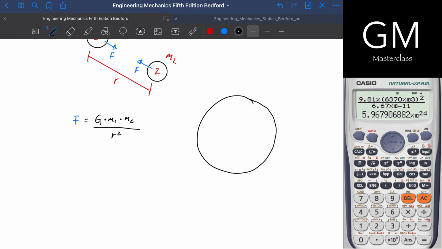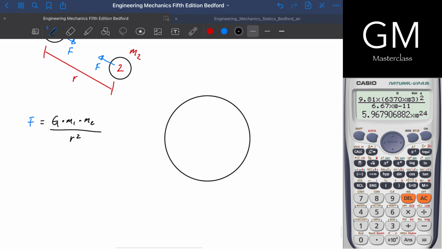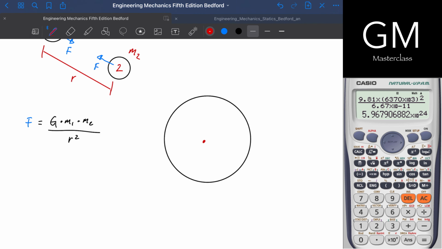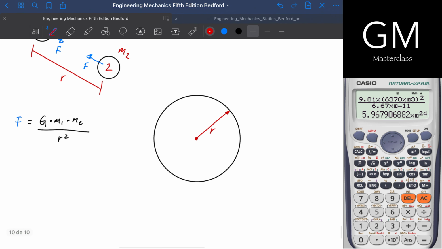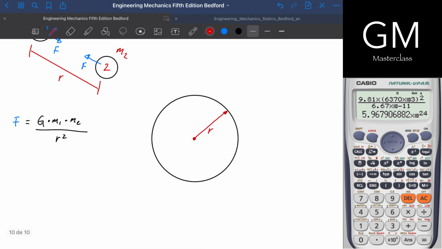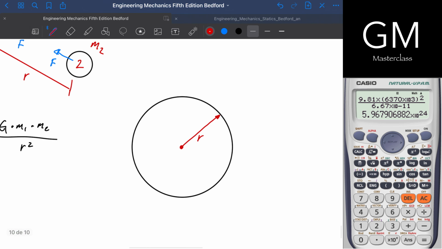So here I have, for example, the Earth, and I'm going to point the center of the Earth with this red point. Here I have the r. Here I have a mass that is on the Earth. I'm going to call this mass m.